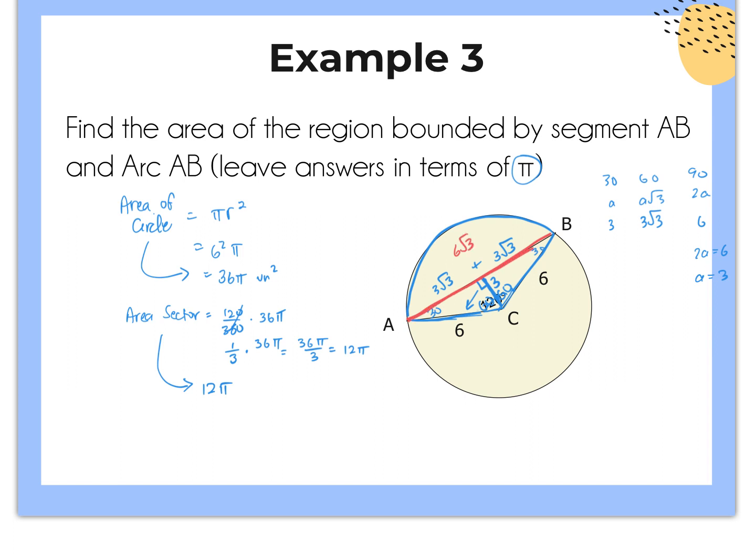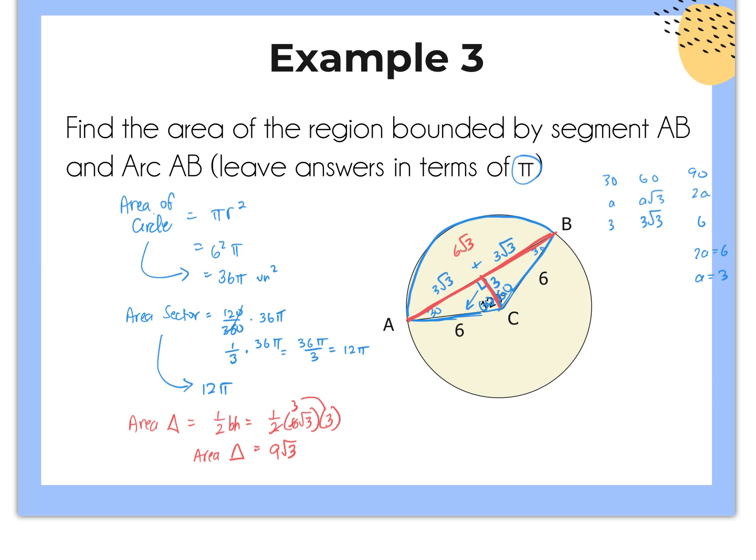So now I have the base and the height of 3, and I can find the area of the triangle. The area of the triangle is half base times height. In this case, the base is 6 radical 3 and the height is 3. So when I do the math, 3 times 3 is 9 radical 3. So the area of the triangle is 9 radical 3.